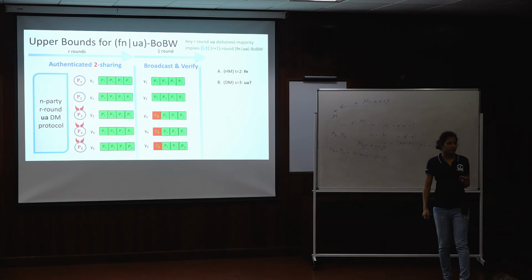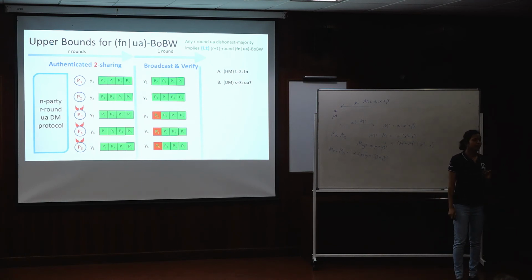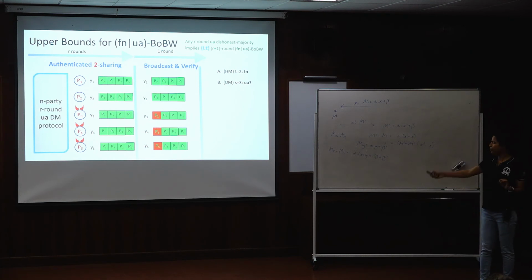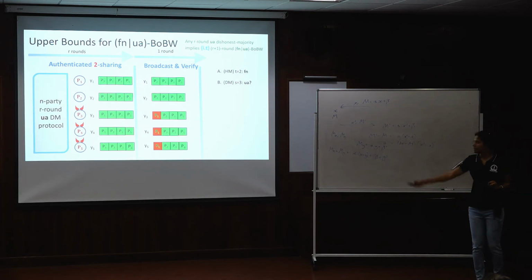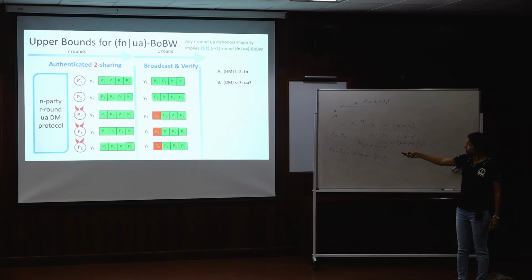What happens? If you look at party P1, he will have Y1 correctly verified, Y2 as well, because these 2 MACs will be fine. Of course, Y1 is his own share, it's fine. Y2 also is fine because this MAC is with respect to P1 and that is untouched, and then P1 will find this share also is correct.